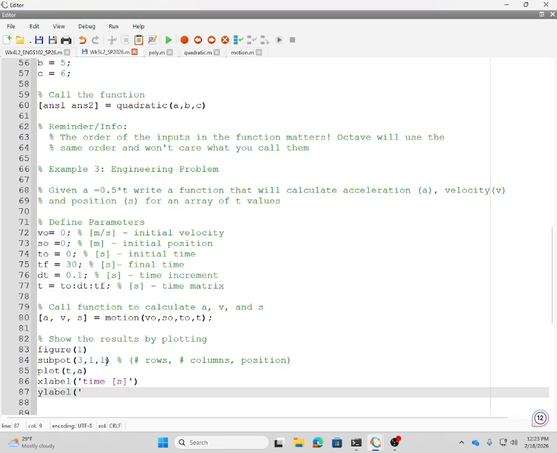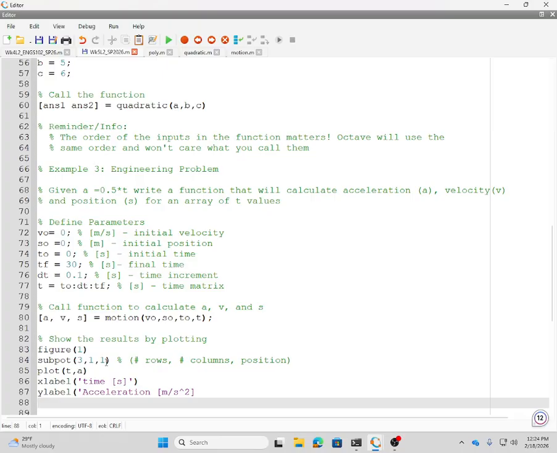Okay, the first one of the 3, you'd like to put just the acceleration, right? Because you have t, a, so that's the acceleration, with the unit of meter per second square. What is the title? You can say it this way.